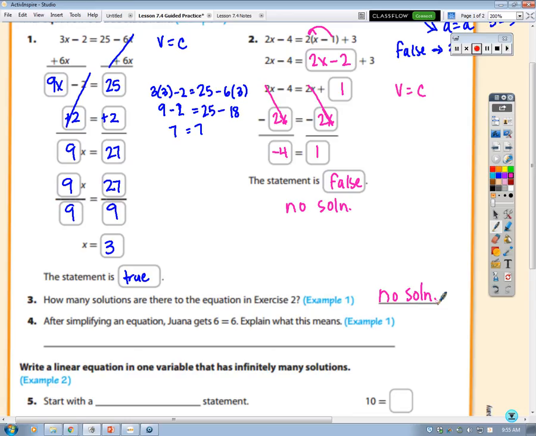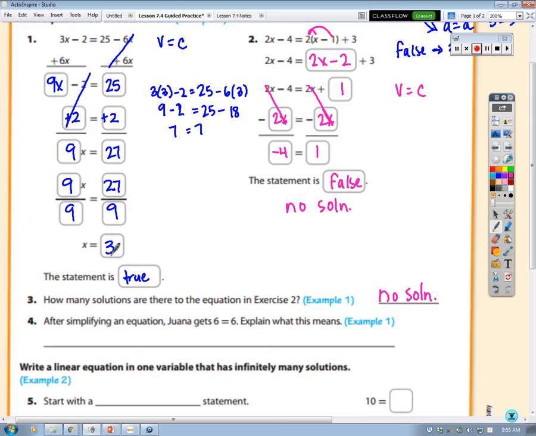First of all, what kind of statement is it? True. It's a true statement. 6 will always equal 6. That's a given, right? When you have a true statement, you can either have one solution or many solutions. If you have one solution, you're going to have a variable that's equal to a specific number.